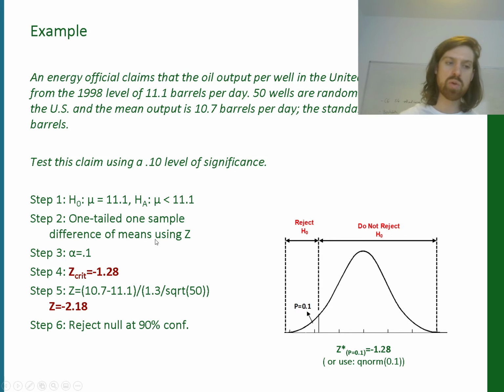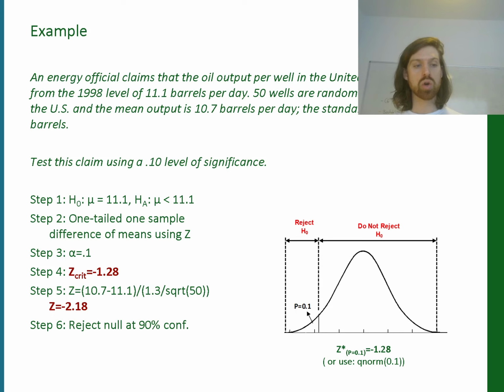And then in step 3, we need to identify our significance level, so that's our alpha. Then in step 4, we need to get our Z critical value. So remember, we need to look up in the Z table, or in R, we need to use the p-norm function, for example, to specify the quantile that we want within the distribution.